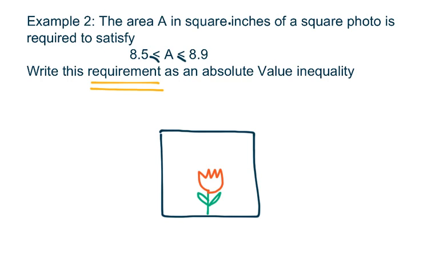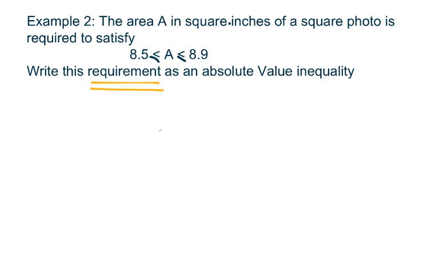And in this case, the thing is a photo. So we're going to represent the requirement as an absolute value inequality. We know the steps to do this. I encourage you to try to come up with that absolute value inequality all by yourself. You can pause the video, give it a go, and then I'm going to demonstrate how to do it.